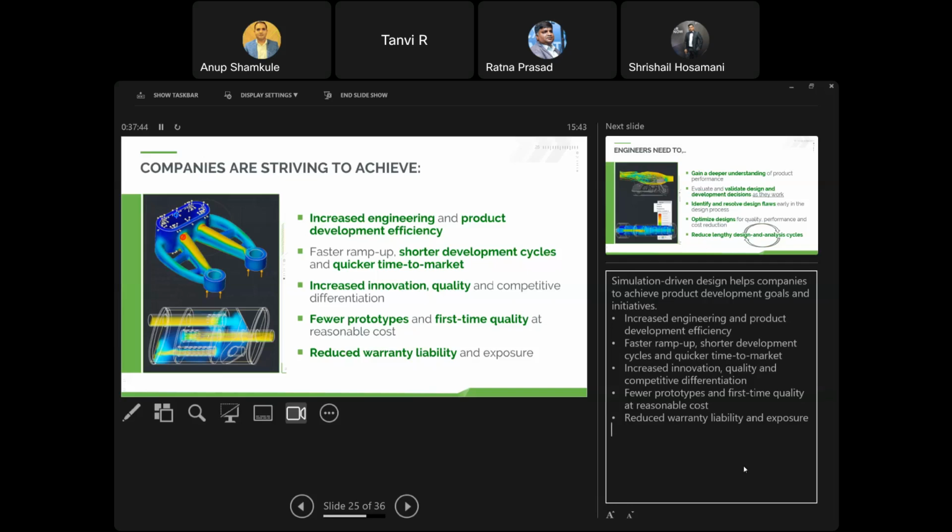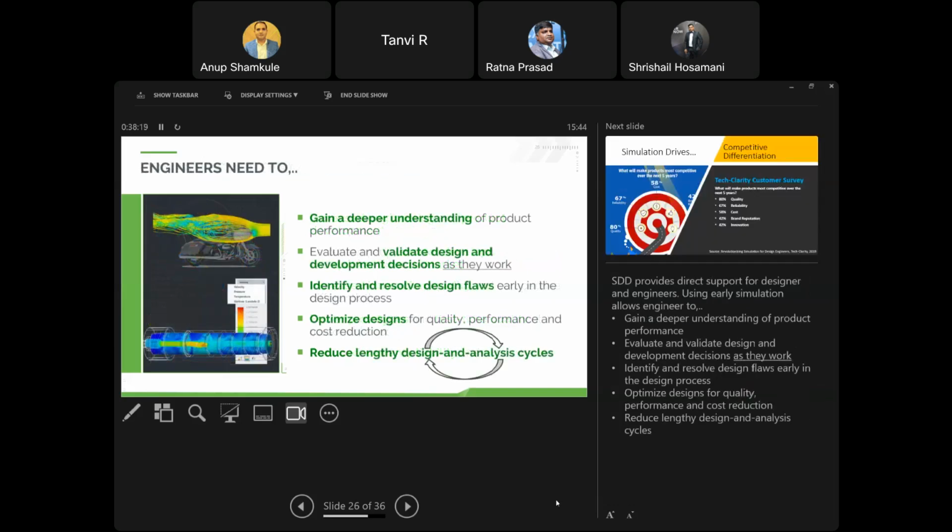For example, if the part being recalled costs 1,000 rupees or maybe 10,000 rupees, and around 10,000 vehicles have been sold, it becomes a burden on the company. If they have not done the analysis properly using these tools while designing, that becomes a liability where warranty costs will increase.